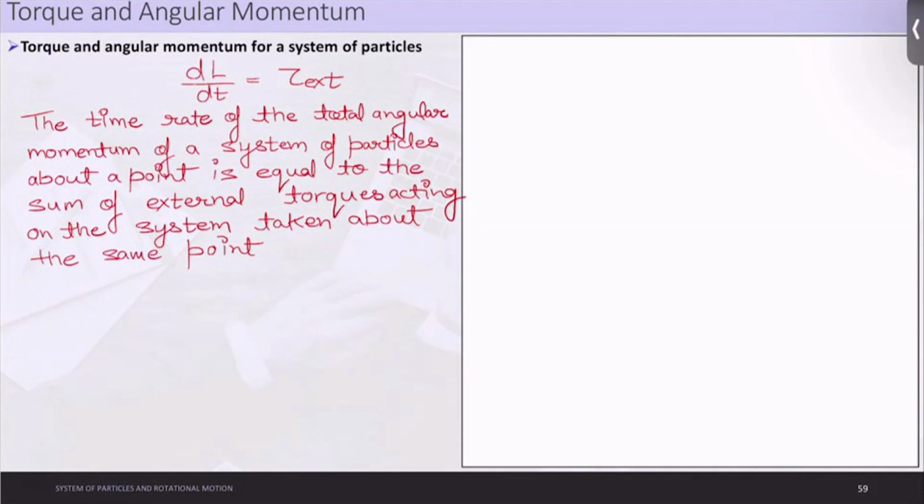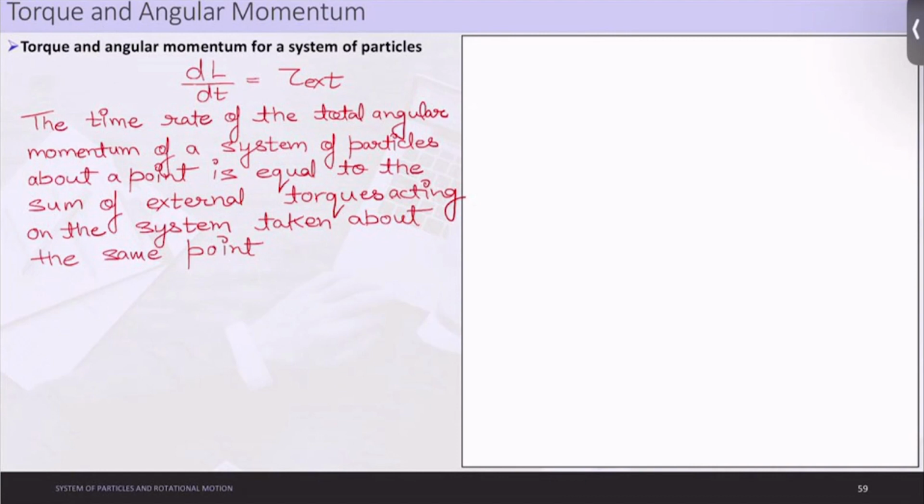This is how we generalize the complete statement for a system of particles. Just a simple note: when we have only one particle, there are no internal forces or torques, so the same thing can be written for a single particle also.